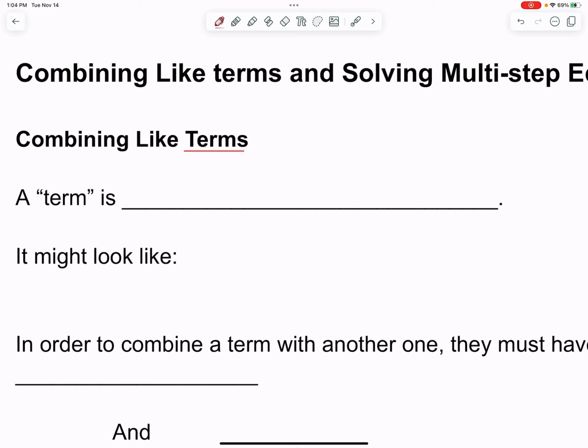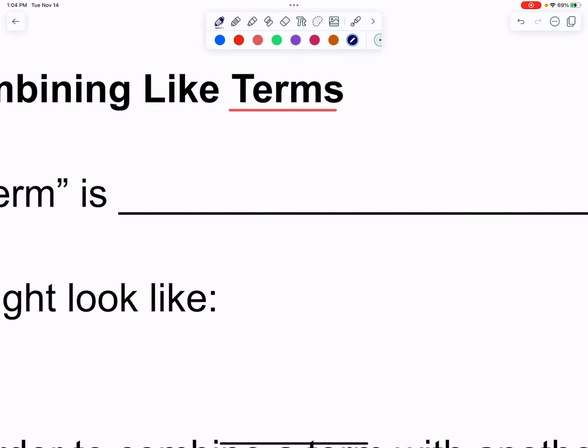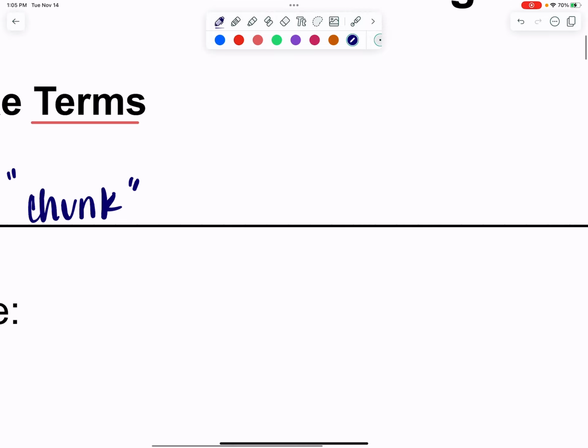So, a term is one chunk of an algebraic expression.